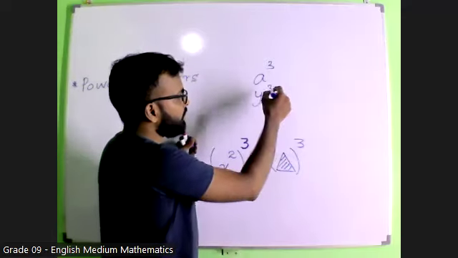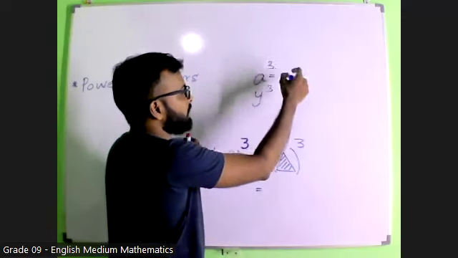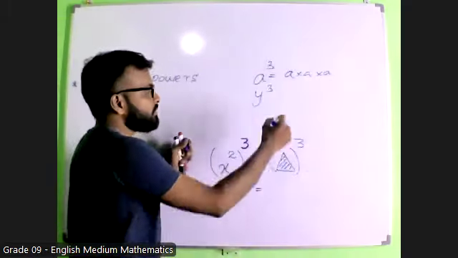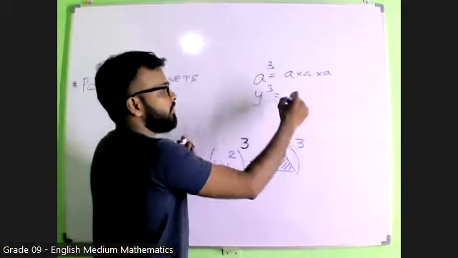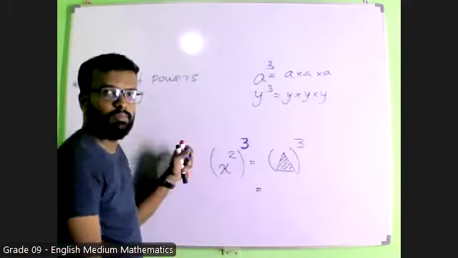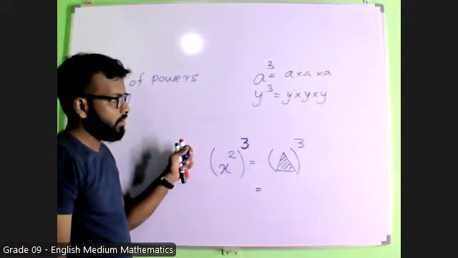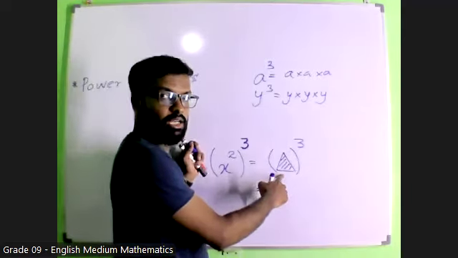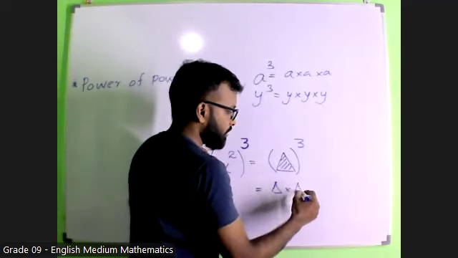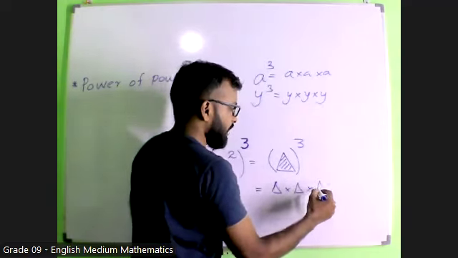That means, how do you expand a to the power 3? A times a times a. Y to the power 3, y times y times y. Now, this triangle times triangle times triangle.